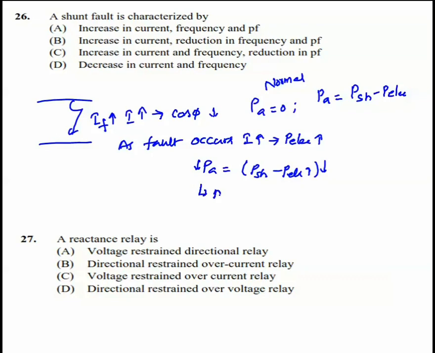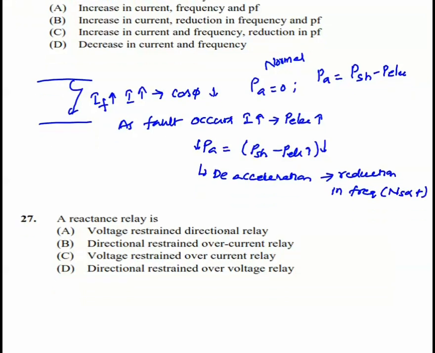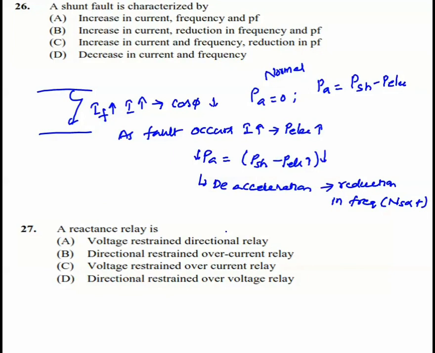This is nothing but deceleration, which causes a reduction in frequency, because Ns is proportional to f. So the option is increase in current, reduction in frequency as well as in power factor. Option B is the correct one.